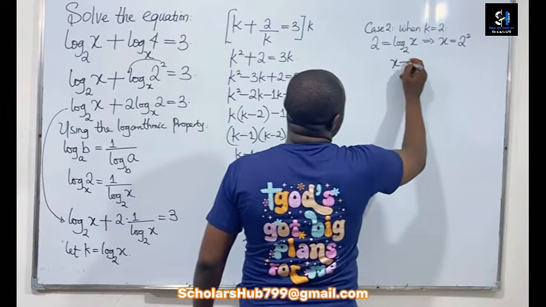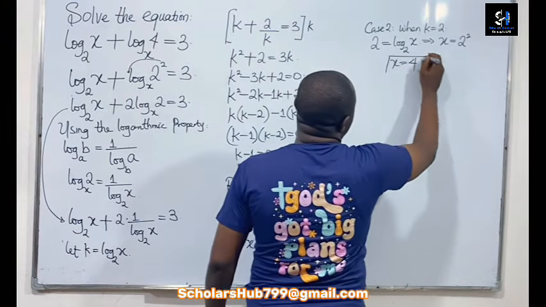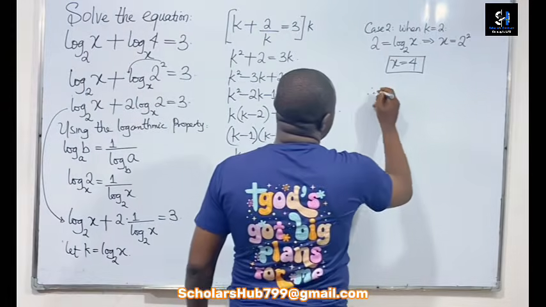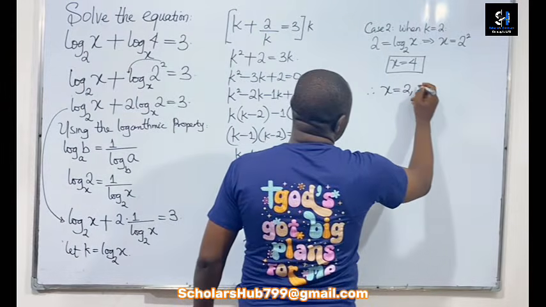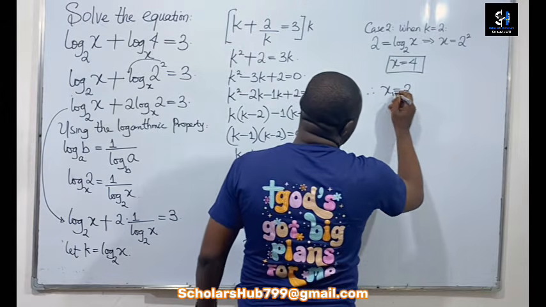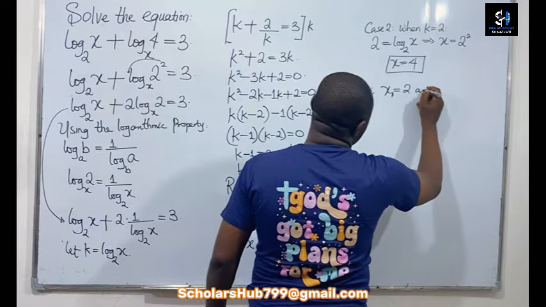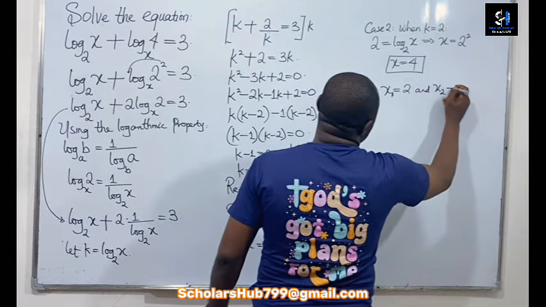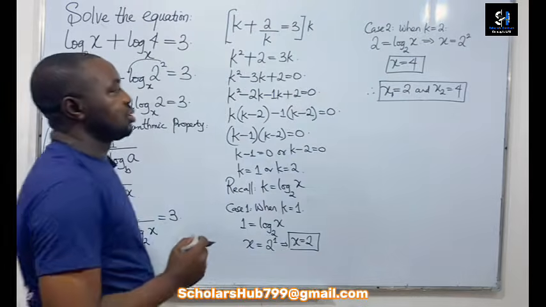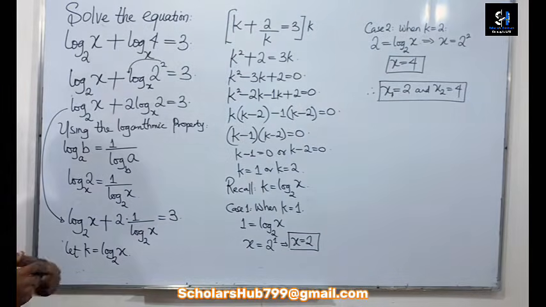So the value of x is 4 when k is equal to 2. So therefore, x1 equals 2, and x2 equals 4. These are the two values of x which satisfy this equation.